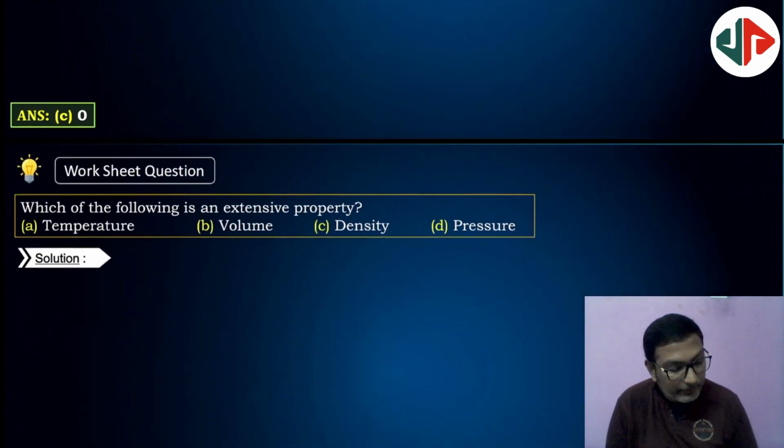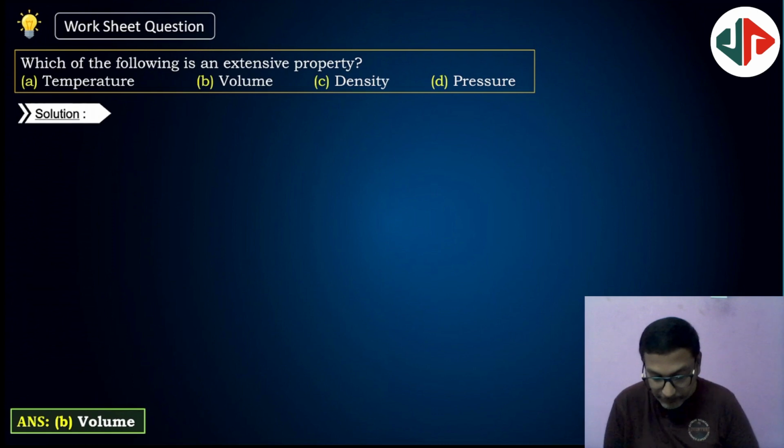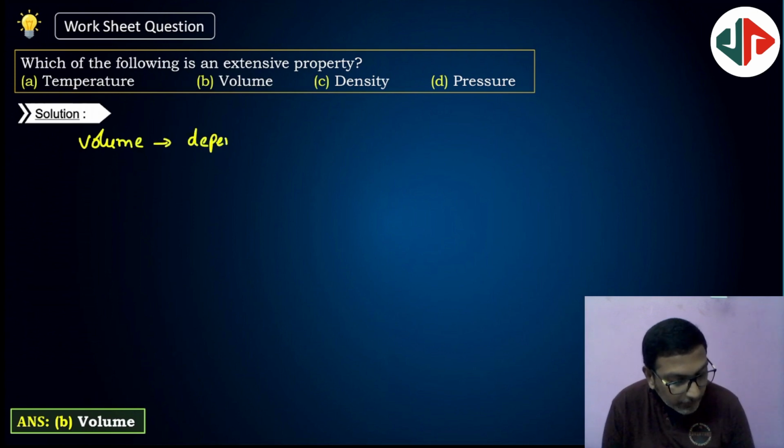Next. Which of the following is an extensive property? Extensive property means one which depends on the amount of substance. So clearly volume. Volume depends on amount.